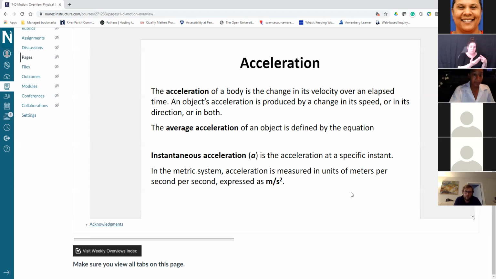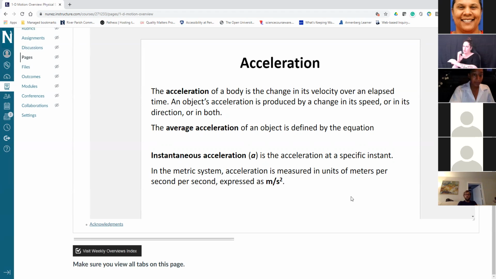Think about if you're driving in your car and you're about to turn a steep curve. You'll hit the brakes and steer the wheel to navigate that curve. So you'll be changing both speed and direction. Instantaneous acceleration, we don't really calculate that again because that's a calculus kind of thing, but you get the idea.